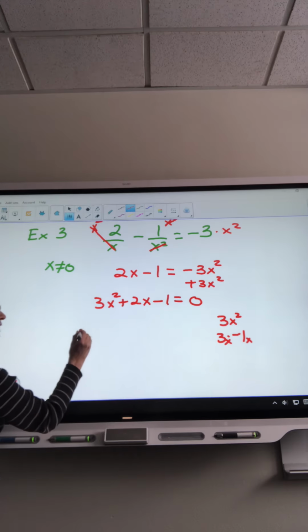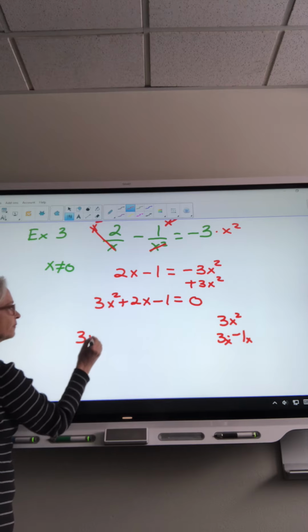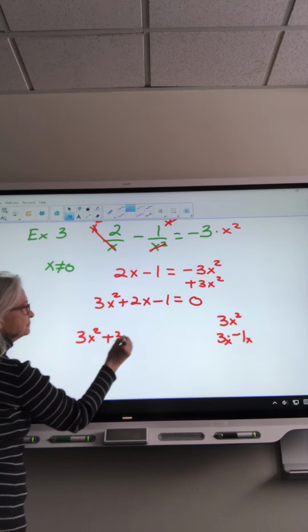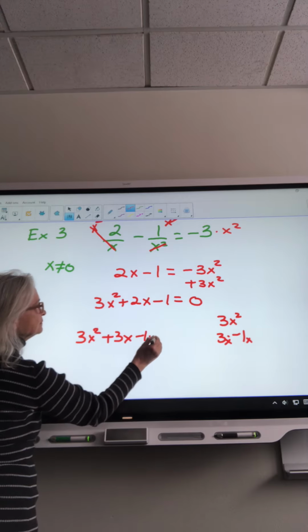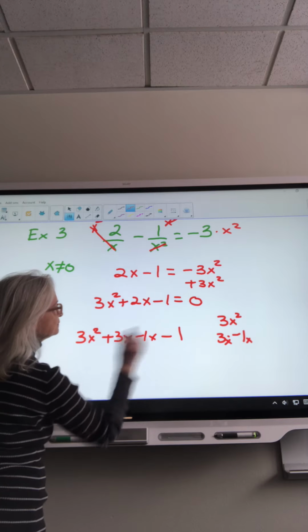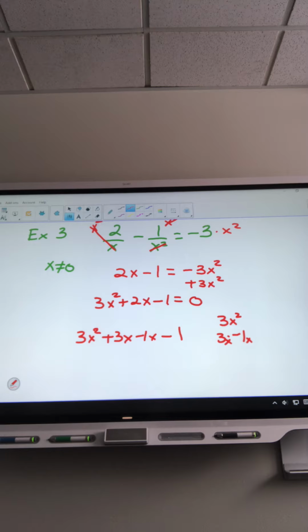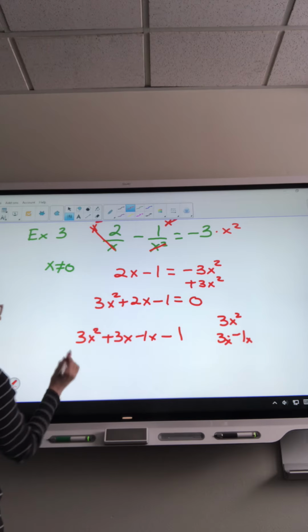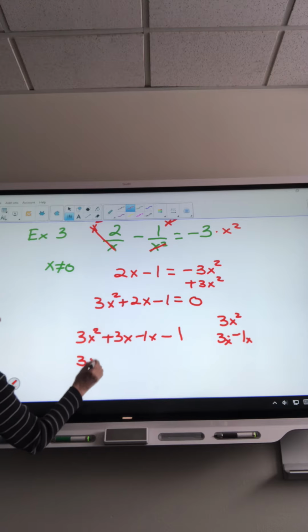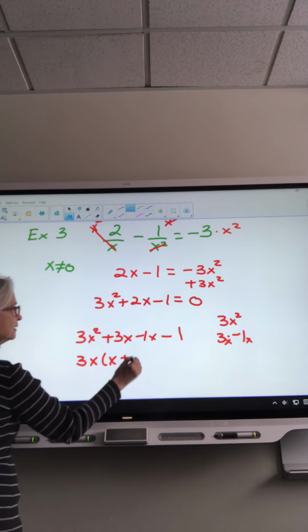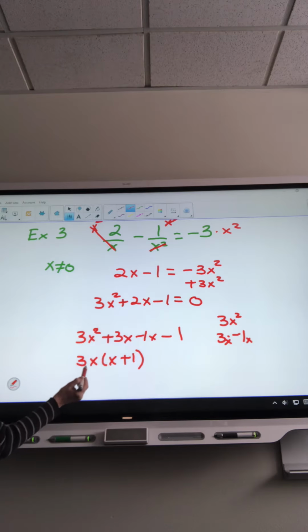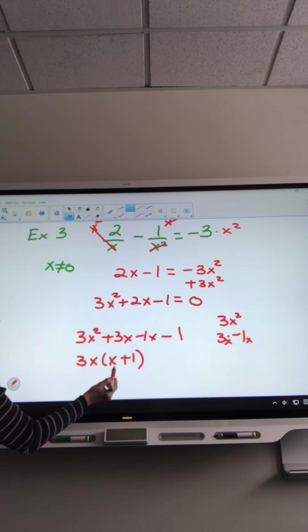Now we're going to do the factor by grouping, which gives us 3x squared plus 3x minus 1x minus 1. The common factor would be 3x, so we would have 3x times x plus 1.